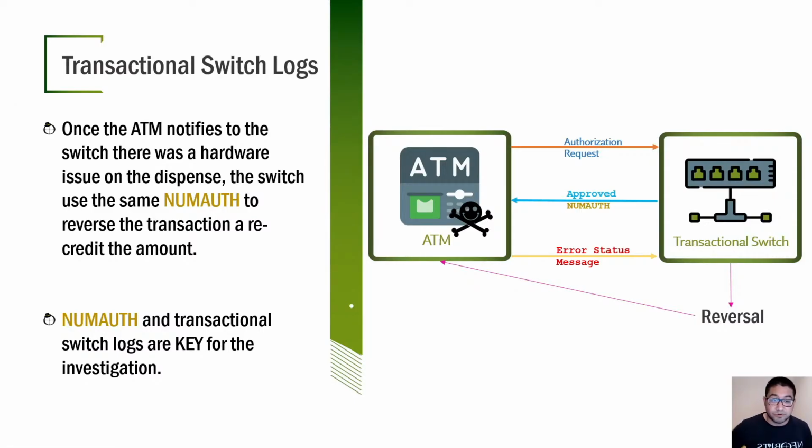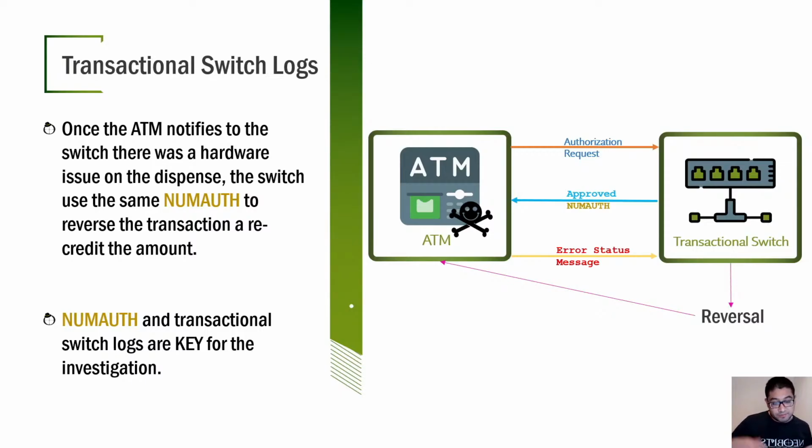So, talking about the transactional switch logs, we found that, for example, when the ATM tries to make a transaction, it will ask the transactional switch, and the transactional switch will send an authorization request. The transactional switch will send back whether it was approved or declined.